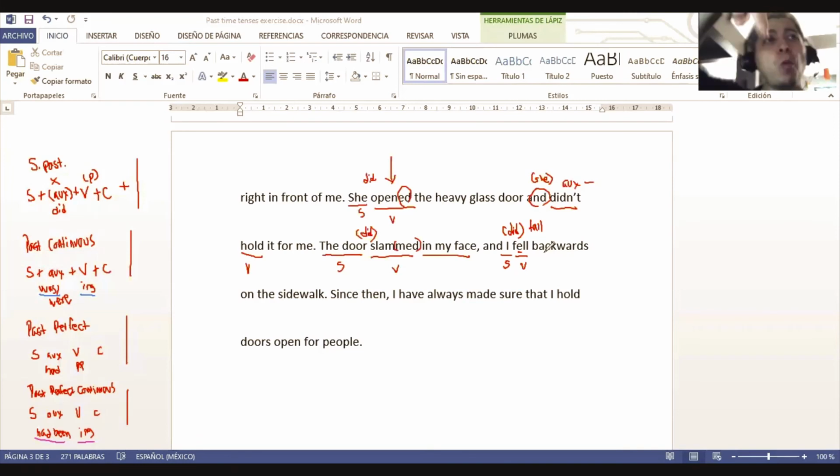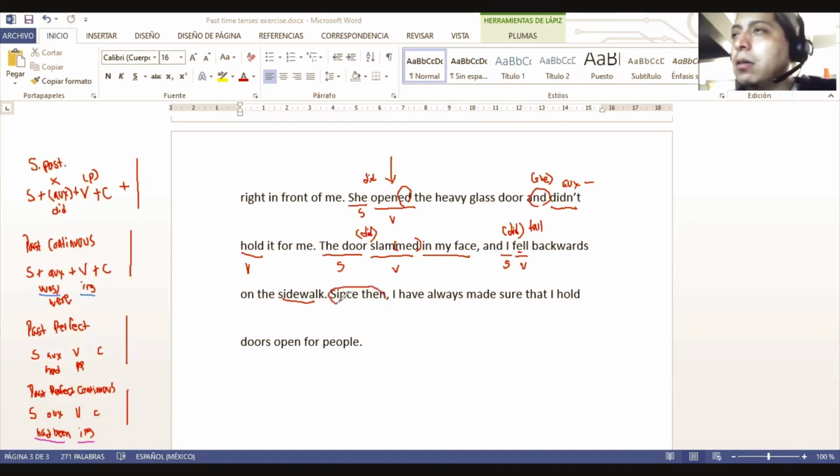For example, when you are walking backwards, you're walking in the opposite direction that you're looking. When you are speaking backwards, you start with the last letter, right? And then you start speaking backwards. When you fall backwards, it means that your falling is to this side. The door hit you in the face, and then you fall towards your back. On the sidewalk. He fell backwards on the sidewalk. The sidewalk is la acera, la banqueta. It's just outside of the building.